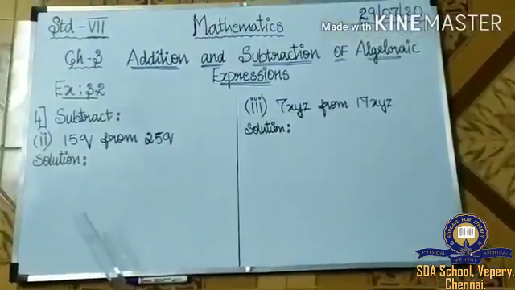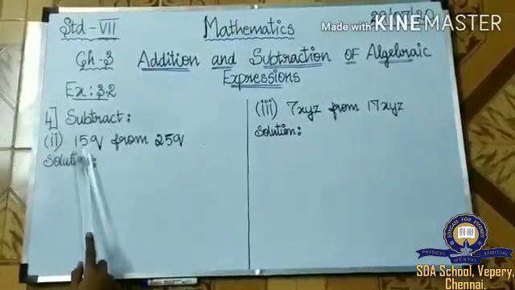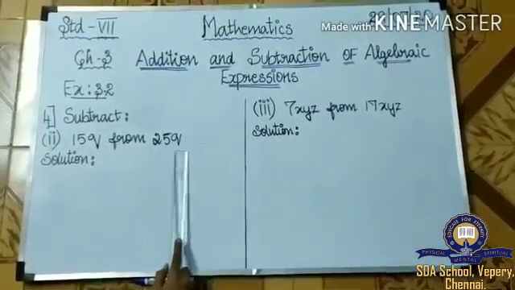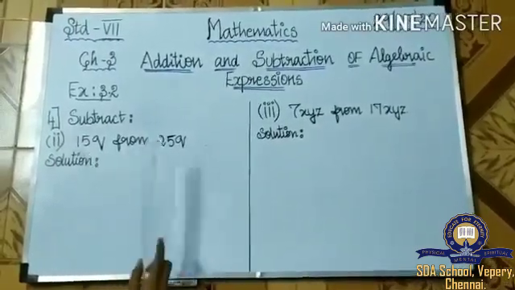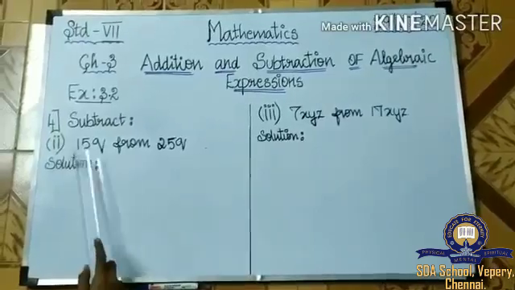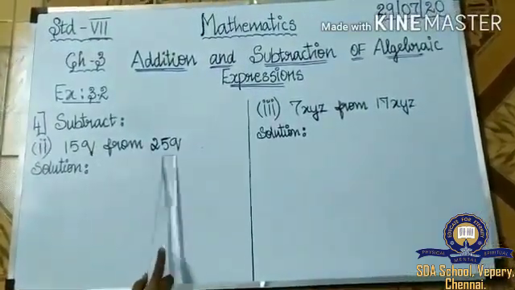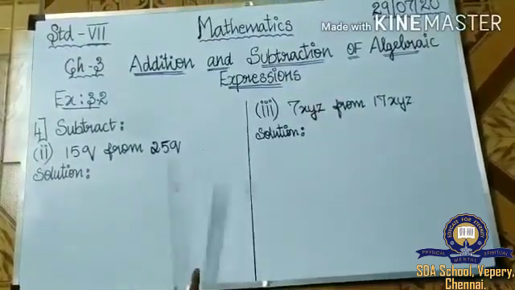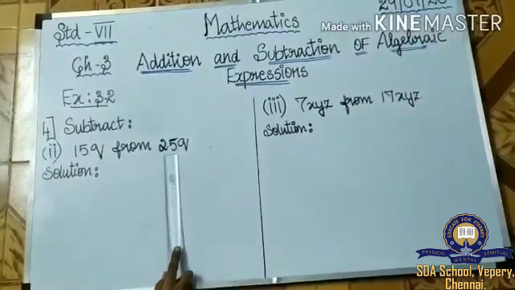Let's move on to our fourth sum, which is subtract. We are going to solve the second subdivision: 15q from 25q. Step 1: we find whether the two terms are like terms. In the two terms the variable is the same, so the two are like terms. The first step is satisfied. The second step is we subtract the two terms.